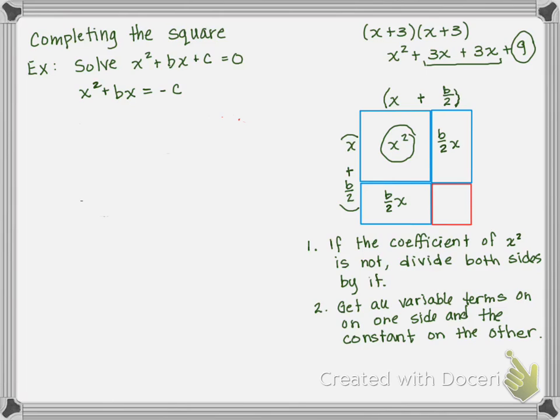So what would that make the area of this little square that we have to add? So look at the length and the width of that square. What would the area be? Would it be b over 4? So how'd you get that?